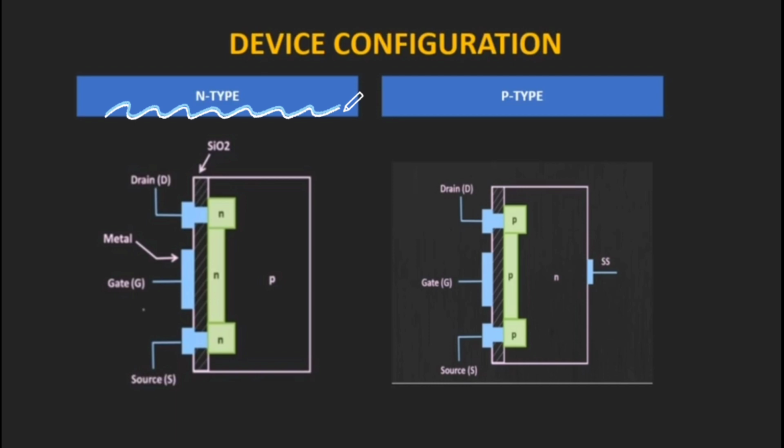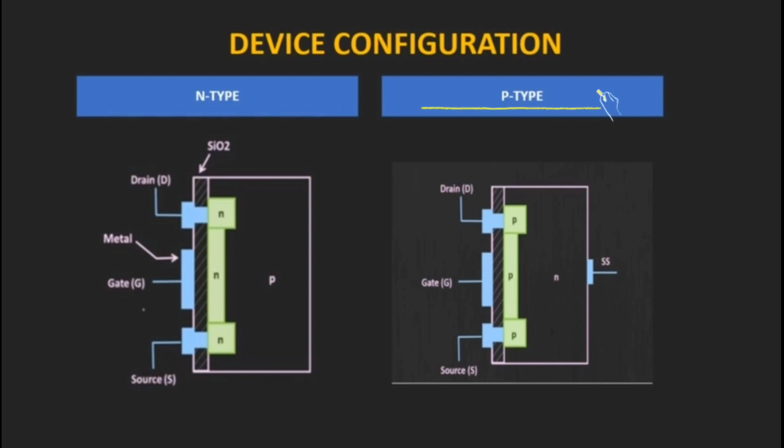Through metallic contacts, the drain and source terminals are connected to this N channel, and similarly the gate terminal is also connected through a metallic contact, but there's no direct connection between the gate and the channel. The gate terminal is isolated from the channel by an SiO2 layer, which is an insulating layer. The conducting channel is made of semiconductor material.